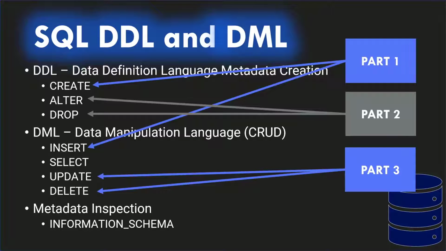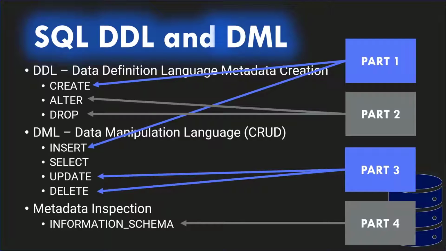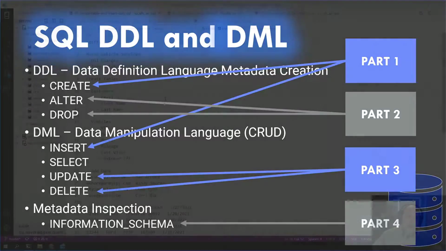The third part will cover data manipulation, specifically updating and deleting data from our tables, and the last statement will cover how we query the schema in the database so that we can find out what tables exist, which columns exist, which constraints have been set. All along the way, we're going to be using the select statement in all 4 parts.